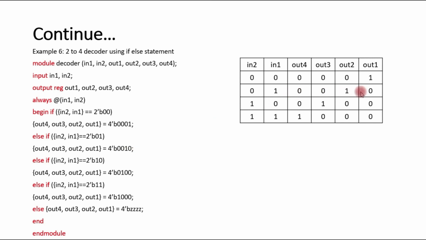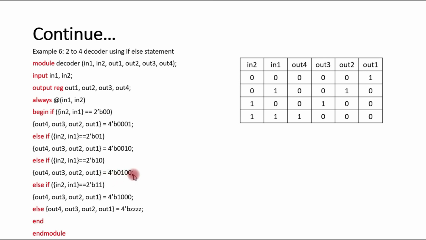Similarly, for the next condition, when concatenation operation of in2, in1 is 1 0, then output, that is concatenation operation of out4, out3, out2, out1 will be 0 1 0 0.